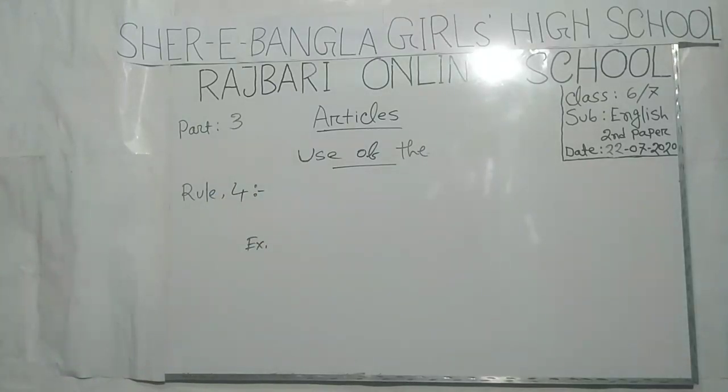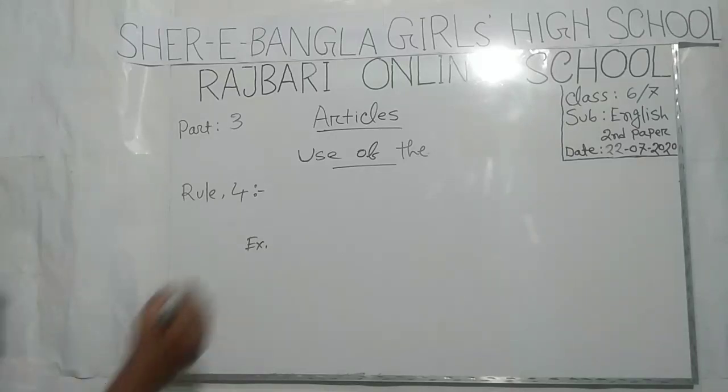Now we will learn about rule 4. If you see the date of an event and the name of the event, and you can see the date, that time before such a date, you have to use "the".